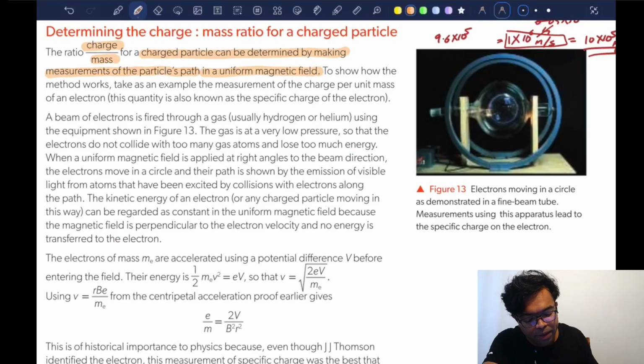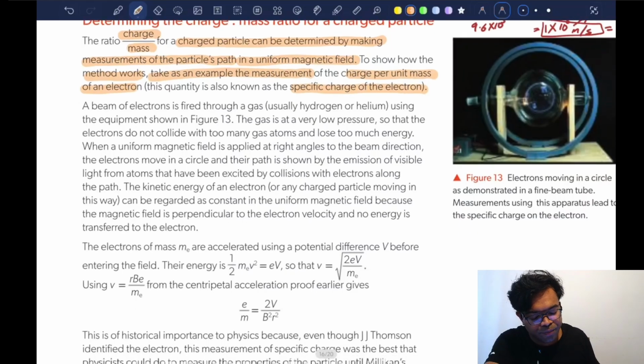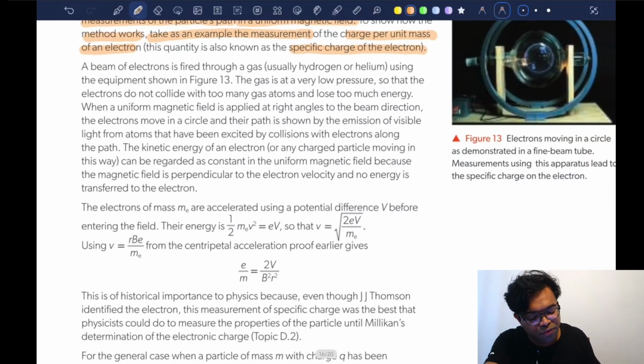To show how the method works, take the example of measurement of a charge per unit mass of an electron. This quantity is also known as the specific charge of an electron. A beam of electrons is fired through the gas, using hydrogen or helium, using the equipment shown in figure 13. The gas is at a very low pressure.